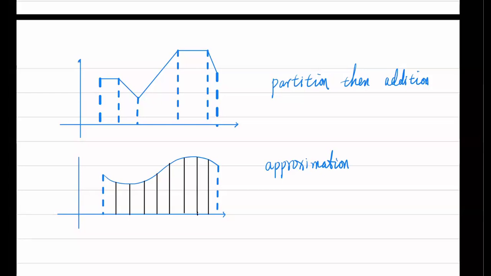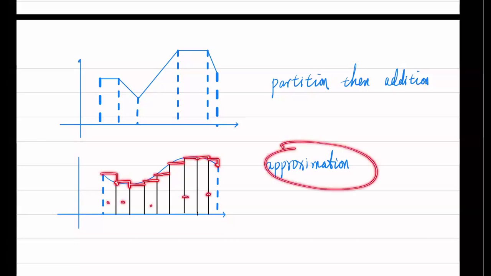We can use a rectangle with the height at the left endpoint. For each rectangle, we know how to find the area. We add them and get one approximation.